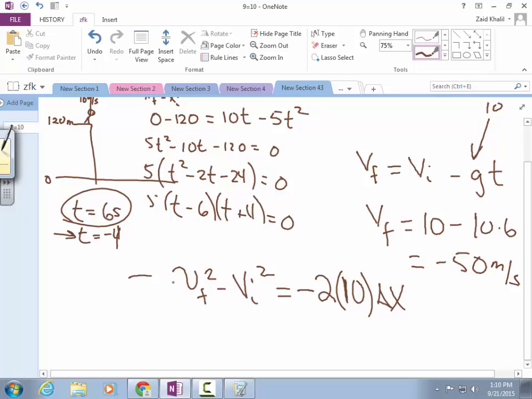But at top, Vf is 0. So we have negative 10 squared equals negative 20 delta x, which means delta x is, by the way, that's not negative 10 squared. You guys all know how to read that. When you read that, what number do you see?